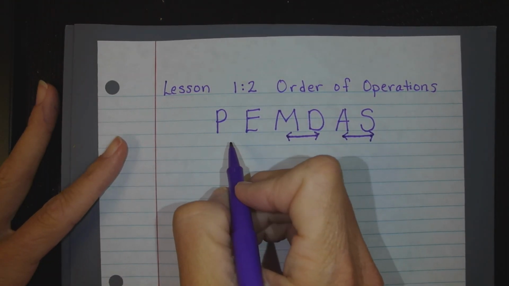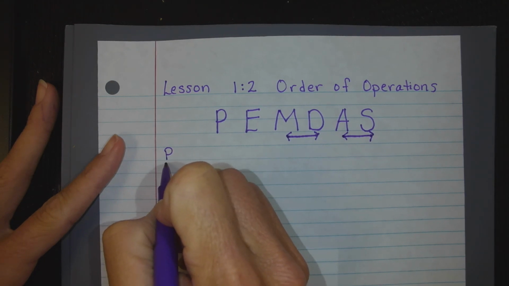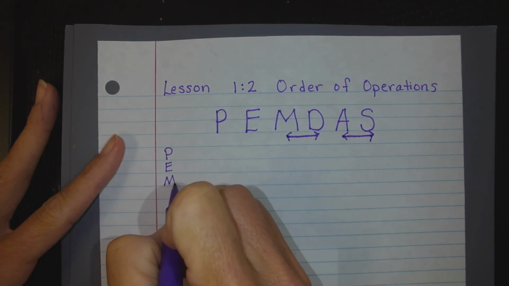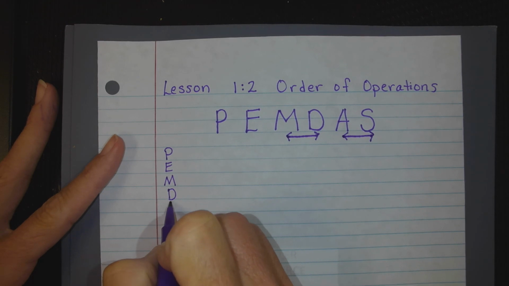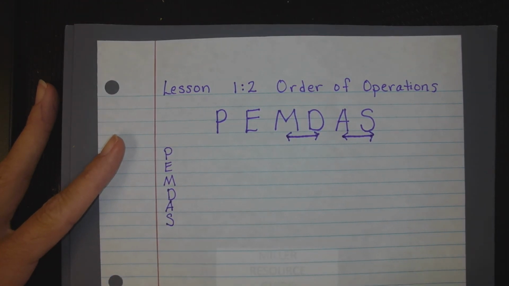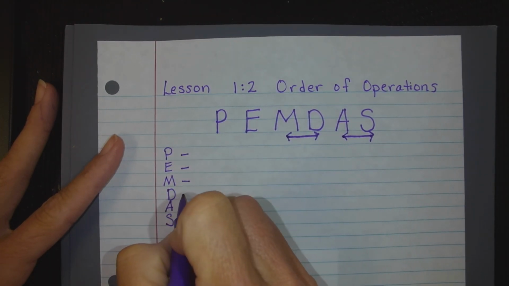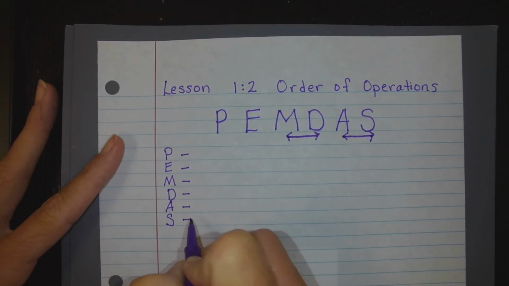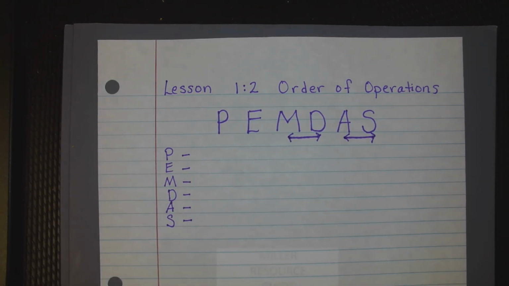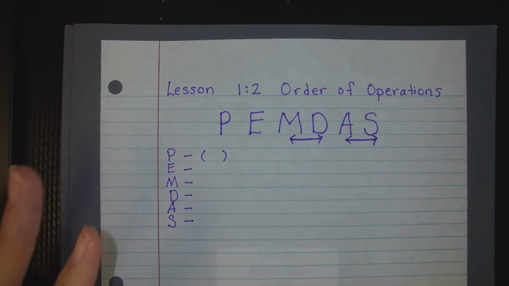So let me write this down. P, E, M, D, A, S. Now I apologize if I make a mistake. It might get a little messy, but hopefully I won't make mistakes.